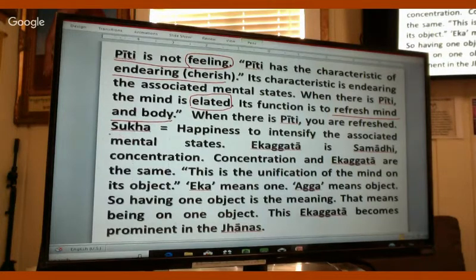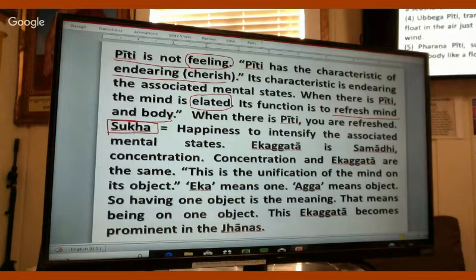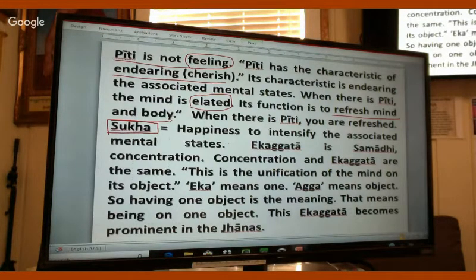And then another jhana factor, number 4, is sukha, isn't it? Sukha is happiness in English translation. Happiness means there are 2 kinds: bodily happiness, kaya sukha, and mental happiness, chitta sukha. This sukha is chitta sukha, not bodily happiness.